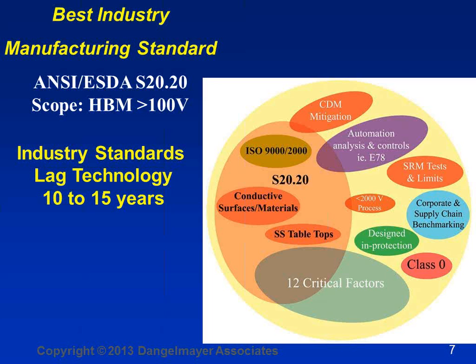Some limited studies were done varying resistance to ground and monitoring body voltage. By doing that, it was found that if you are at 1 megohm or less, the body voltages did not exceed 100 volts. Unfortunately, there is no paper available that I'm aware of, and the background work that was done on this 100-volt number is somewhat limited, but in general, the consensus is that it is a reasonable assumption for the controls in 20.20.